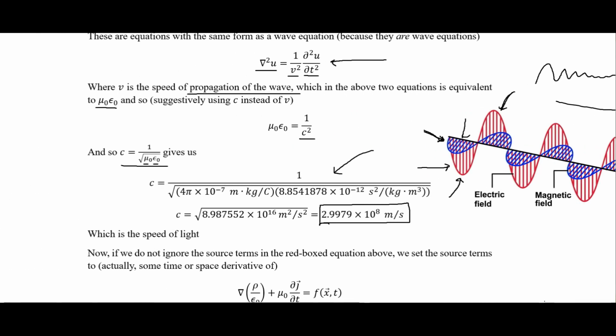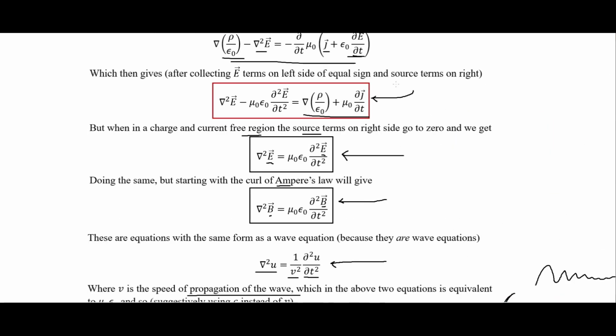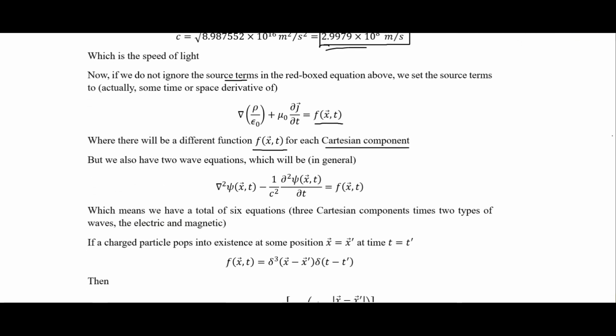It can be self-propagating. Like I said, this is the speed of light here. But if we don't ignore these source terms in this red boxed equation up here, then we set these source terms to some function, where there will be a different function like this for each of the Cartesian components, the x, y, z axes.